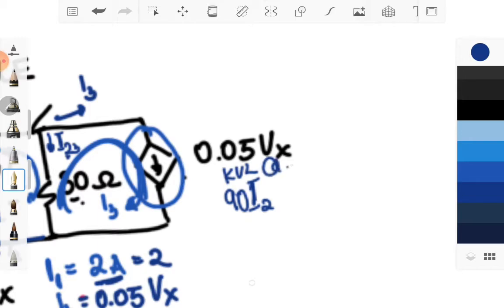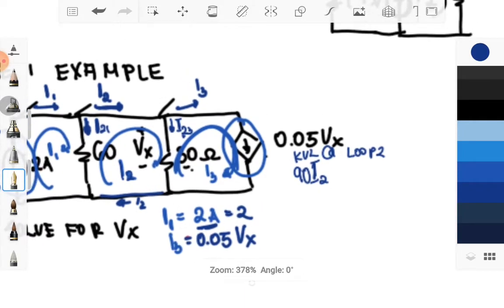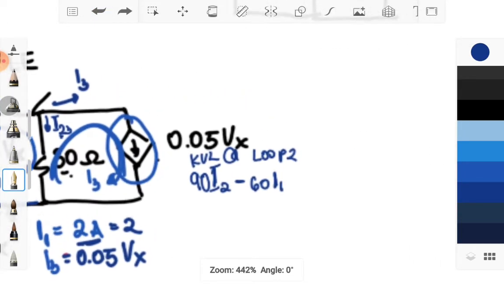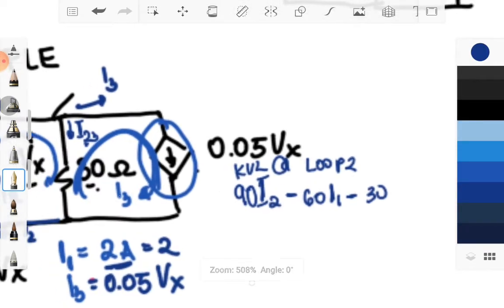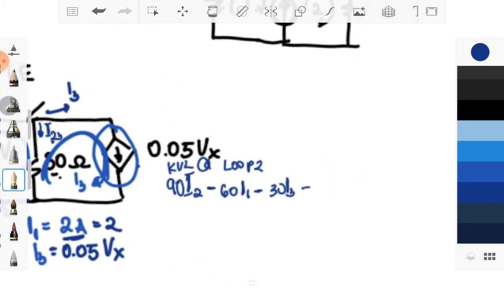So we have positive 90I2 minus 60I1, kasi nga your I1 is affecting your I2 with that presence of your 60 ohm, minus 30I3. Okay? Minus 30I3 is equal to, wala tayong sources, so equals 0.